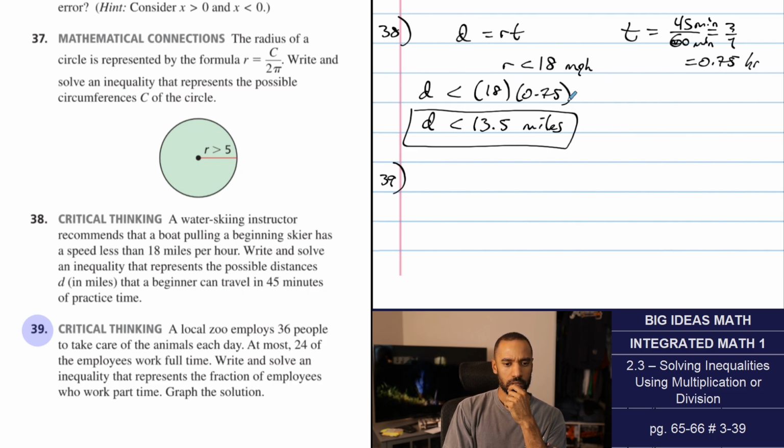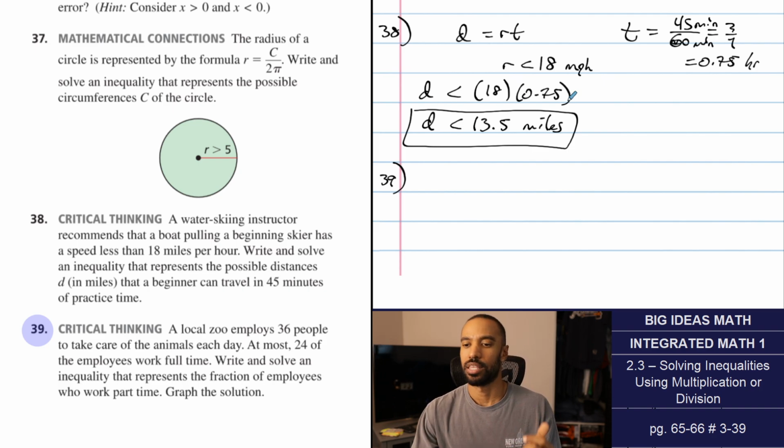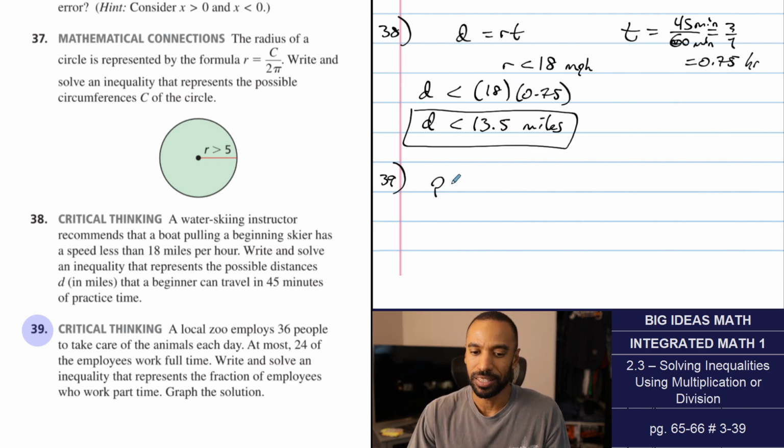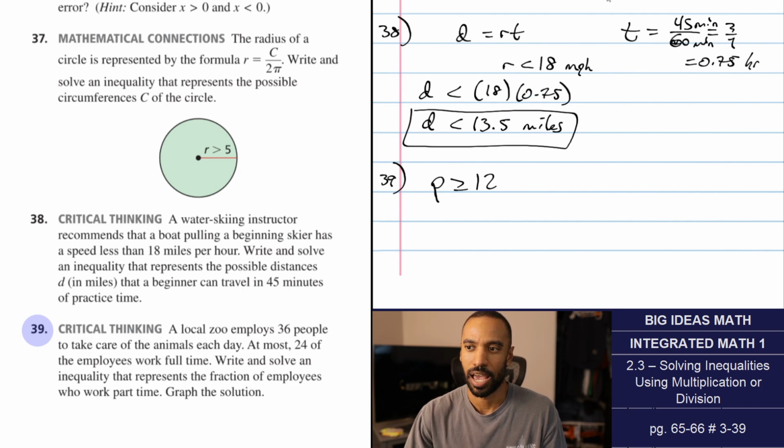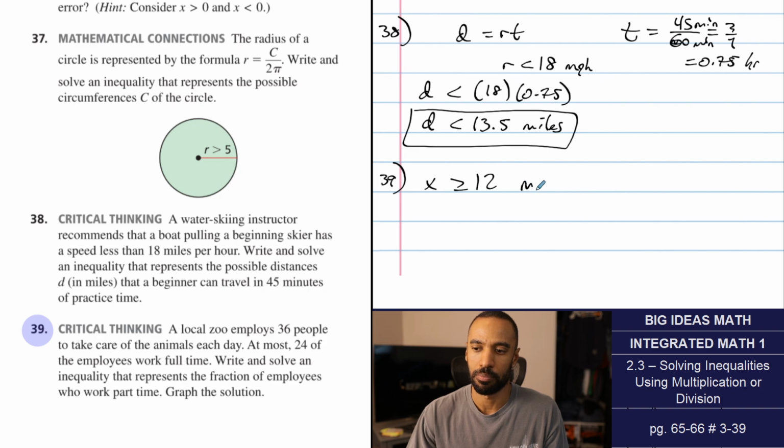At most, 24 work full-time, so at least 12 of them work part-time. What do they say? Represents the fraction of employees who work part-time. Okay, so this is out of 36, so at least 12 of them work part-time. I was going to say P for part-time, but suddenly I don't know if that works that way. I'll just say x. x is at least 12 members part-time.